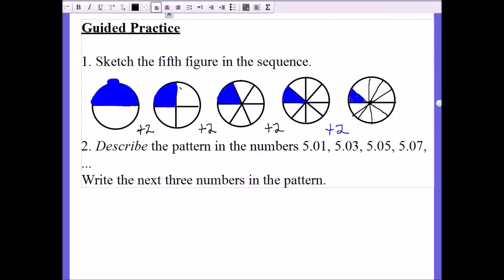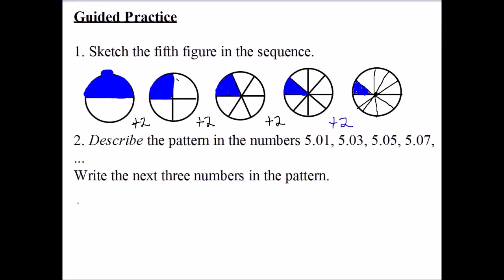So the pattern that I see here, let's go ahead and say describe first. Okay, so what's going on with these numbers? A good way to find patterns is to take your first number and either subtract or divide by this number.